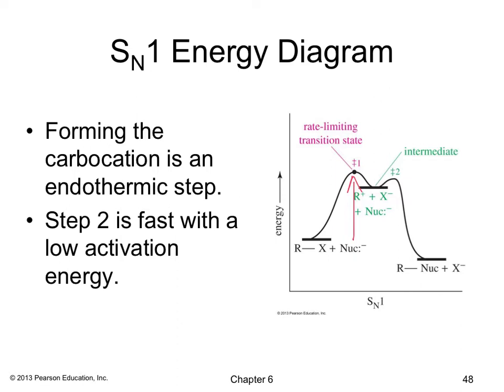Then once you get to the intermediate, which is higher in energy and endothermic, the carbocation then gets reacted by the nucleophile. Here you have a lower activation energy shown here, and then you're getting to a product that is more stable and lower in energy. And this is a fast step.